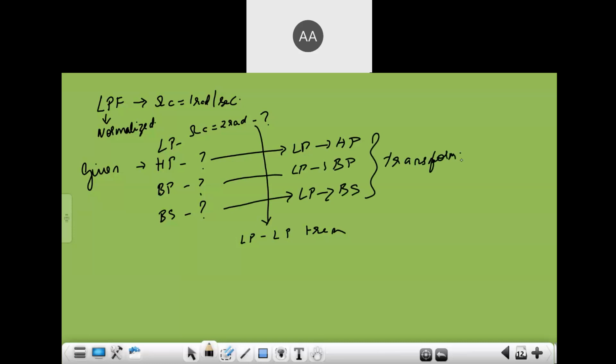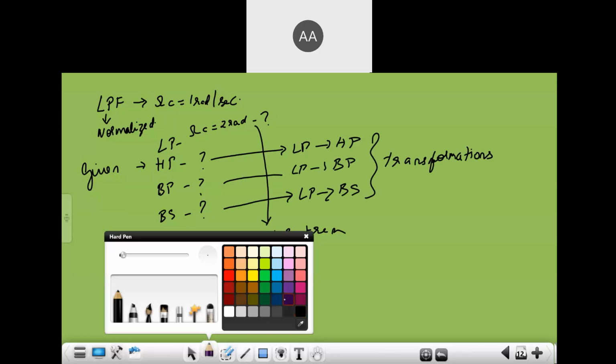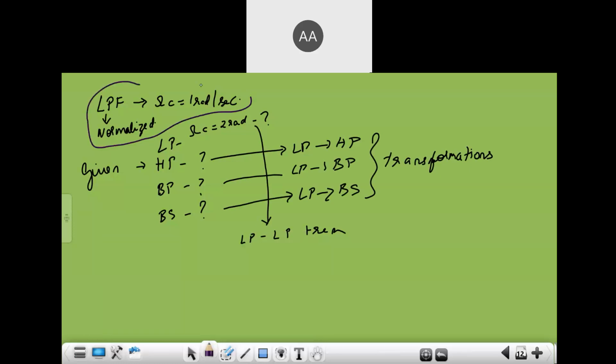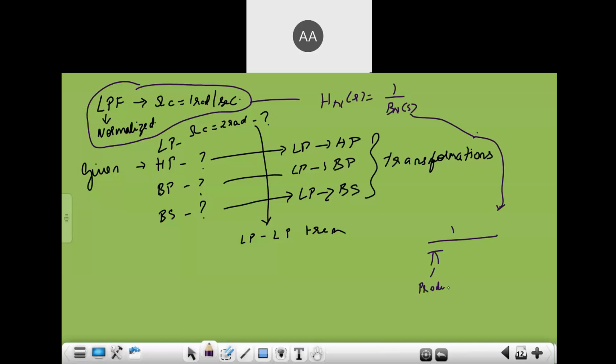So what is the meaning of this? Whatever you have designed, whatever values you have found out, your Hn of s is equal to 1 by Bn of s, which is 1 divided by the product of s minus sk, where k varies from 0 to 2n minus 1, and you choose only the LHP, the left half of the S plane poles.